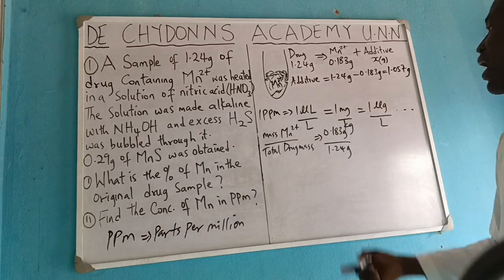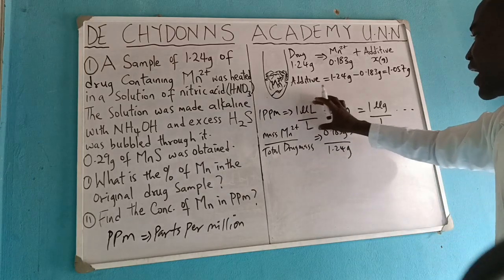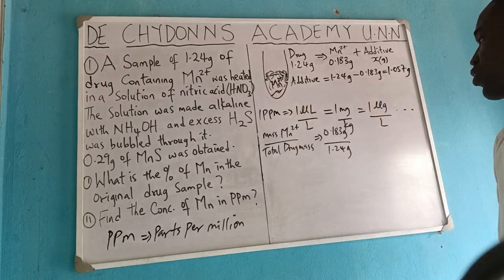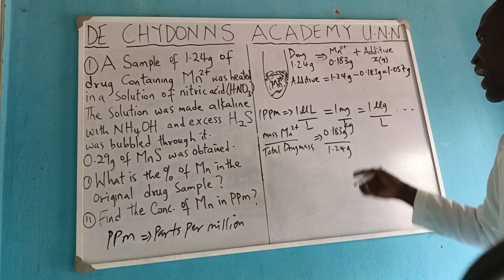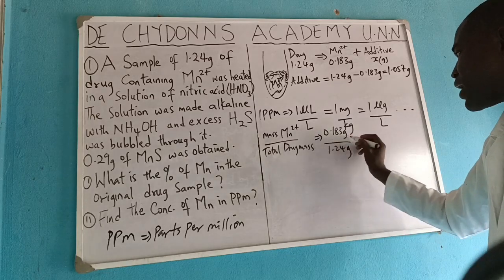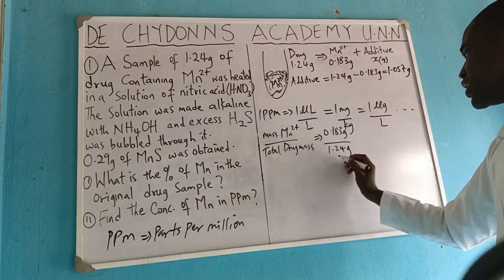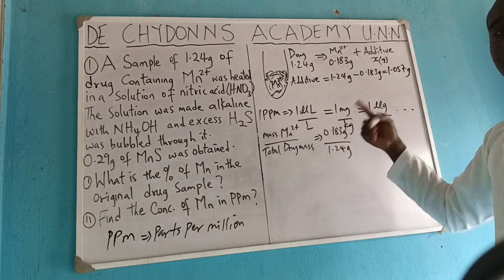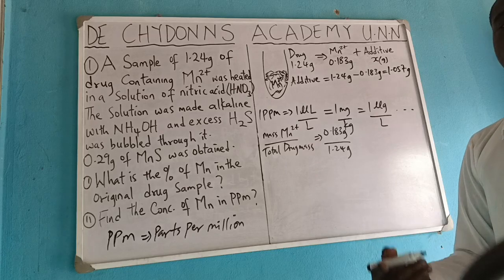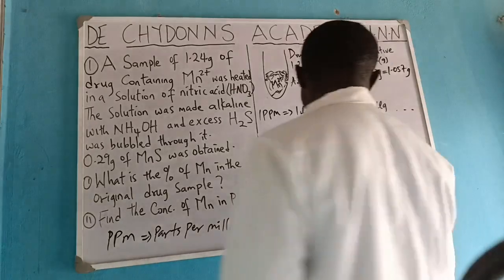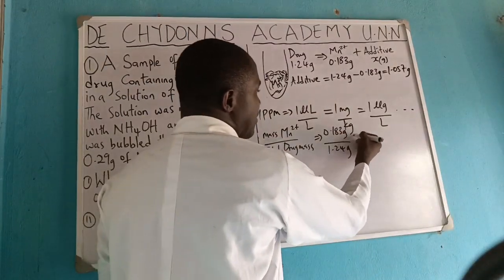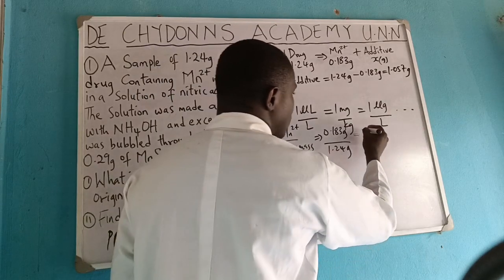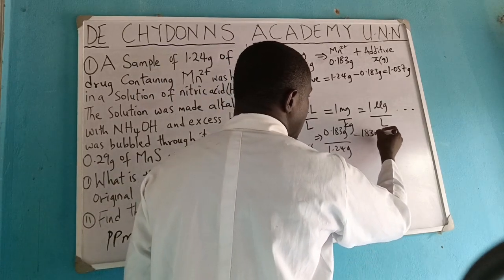Okay. Now, since any of this is equivalent to 1 ppm, let me change this numerator to be in milligram and change the denominator to be in kg. To change gram to milligram, you multiply by 1000. So if I multiply this by 1000, I will be having 0.183 times 1000 equals 183 milligram.